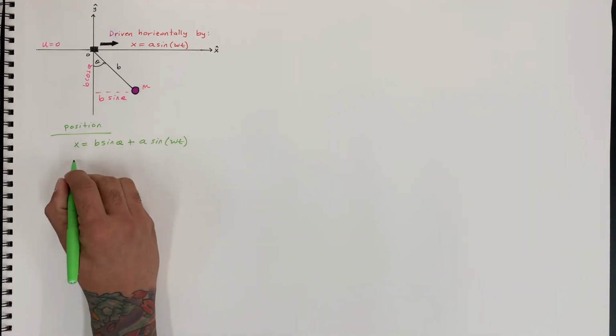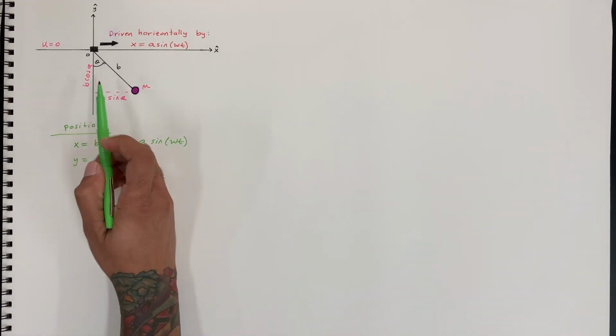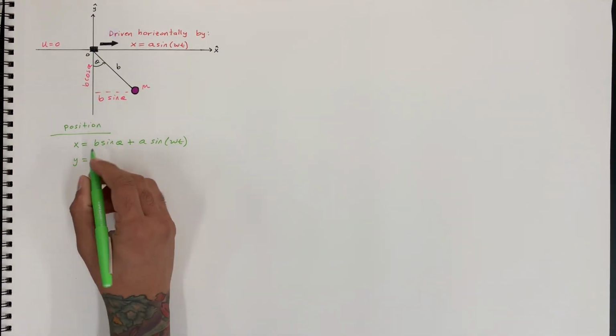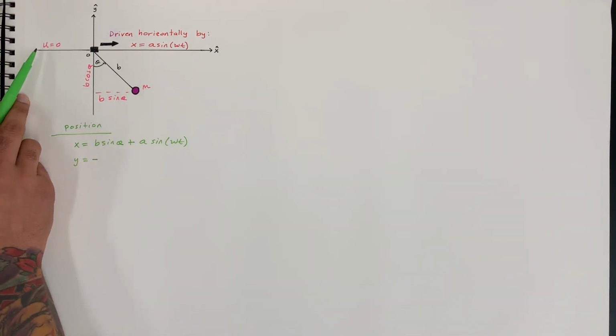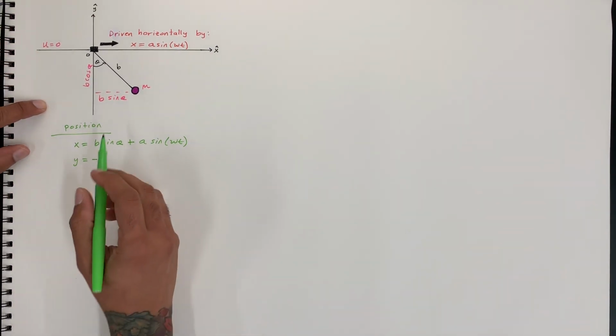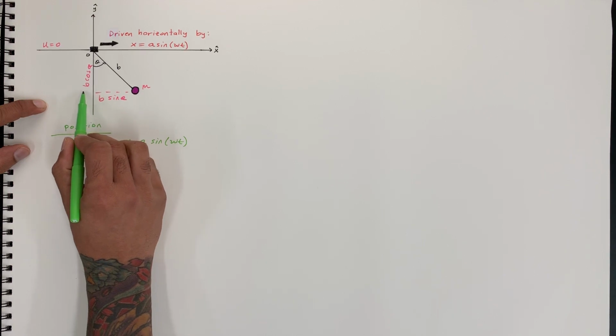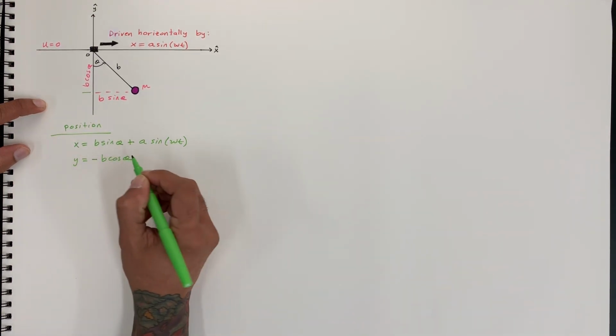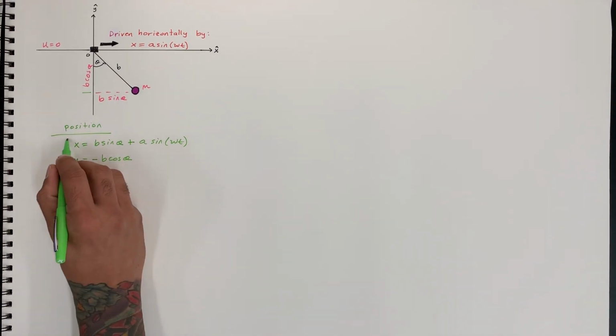And we have our y, which is underneath the zero, so anything underneath that is negative, and our y is going to be negative b cosine theta. So this is our position.